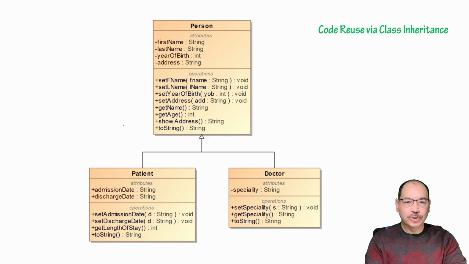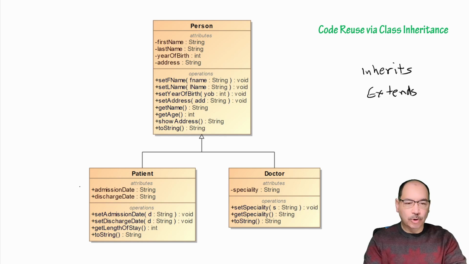So what we are going to do here is that the patient class is going to inherit from the class person, or we call it extend. Patient is going to inherit all the public members of the class person.